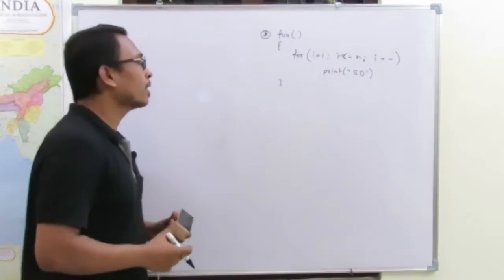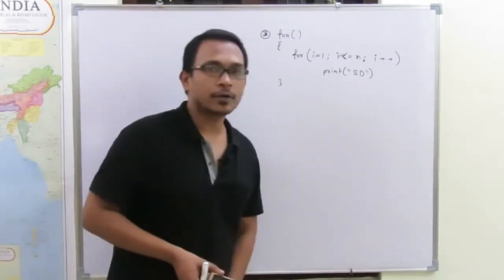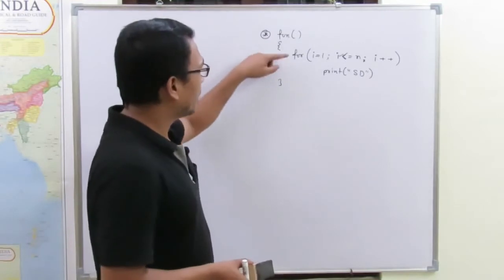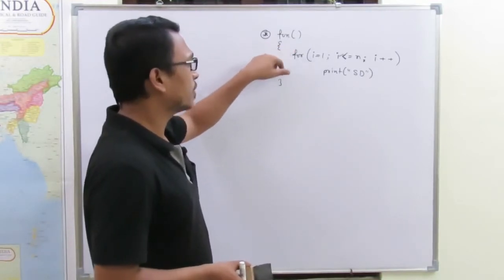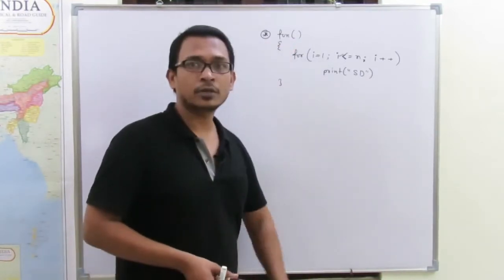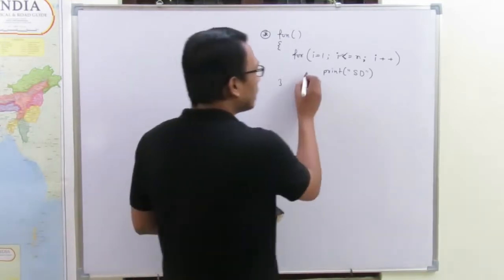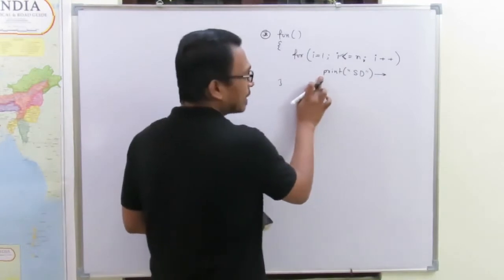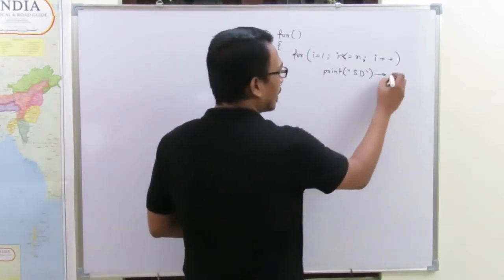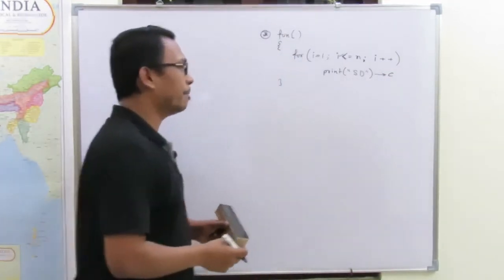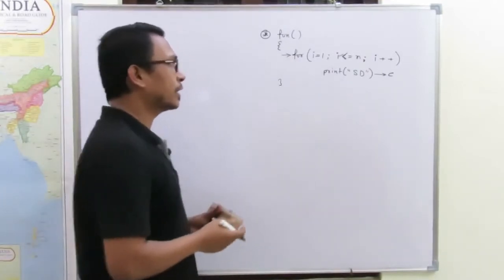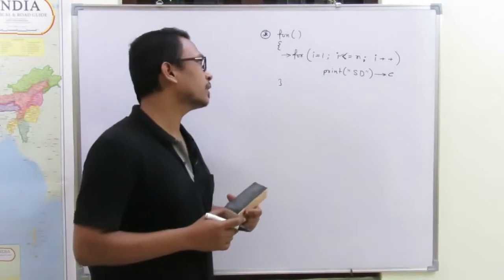So, what will be the time complexity of this particular problem? Look, this particular problem used a loop, that means this one is an iterative approach. To execute this particular statement, it will take only a constant time. Now, for the loop, how long will this loop execute, that means how many iterations are there?